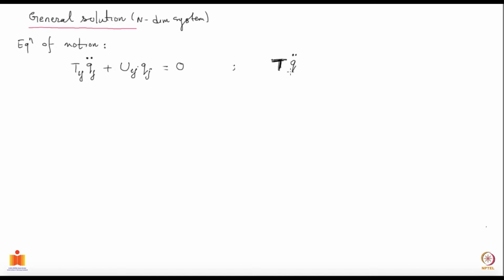Q is a column vector, plus U, it's a matrix again, and then you have the column vector Q, and this should be 0. Okay, and what we want to do is write down the general solution for Q.